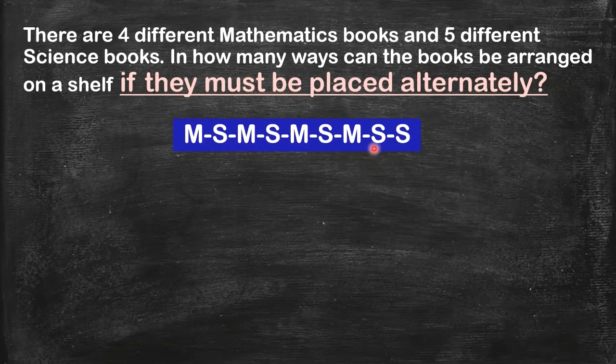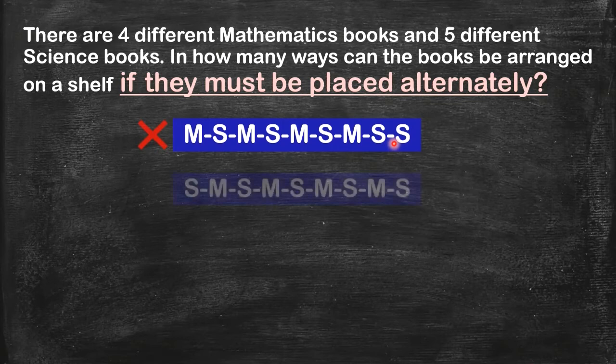So, what do you notice? We cannot have this arrangement. We cannot have math book first, kasi kapag inuna nyo yan, hindi alternately ang mga books. Kasi ayan o, magkasunod yung science books dito. So, ano na lang yung pwede nating option? Unahin natin ang science book. So, pwede na kaya to?